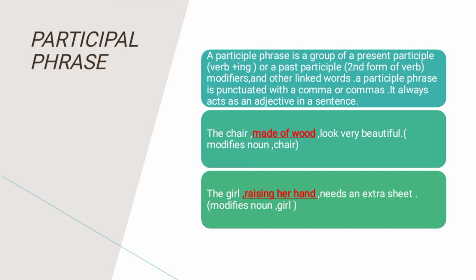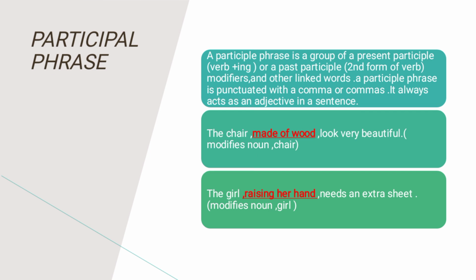Next we have the participle phrase. What is a participle phrase? A participle phrase is a group of words made of a present participle or past participle and other modifiers that links the words. A participle phrase is punctuated with commas in a sentence and it acts like an adjective in a sentence. Let's look at different examples.